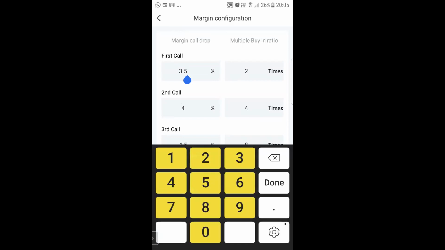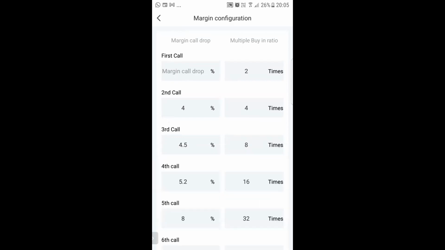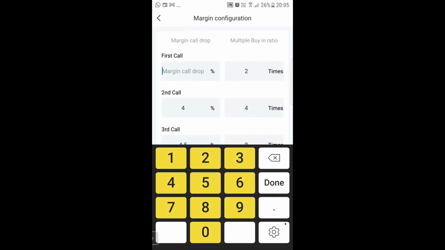And say, for instance, for us to go into this market faster, looking at the 10% drop that we already have in this market, you can say, for instance, if the market drops by 1.5%, you will buy 1 times. You can check. If you think 1.5% will take longer for you, you can make it 1%, it's fine.